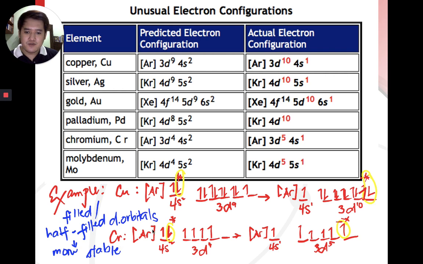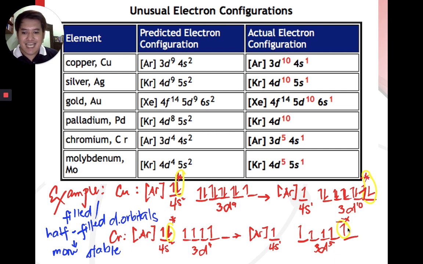Chromium, in the same manner as copper, is predicted to have an electron configuration of 4s2 3d4. But in the actual electron configuration we have 4s1 3d5. What happens here is, in order to at least complete the sublevel halfway, one of the 4s electrons must have transferred.